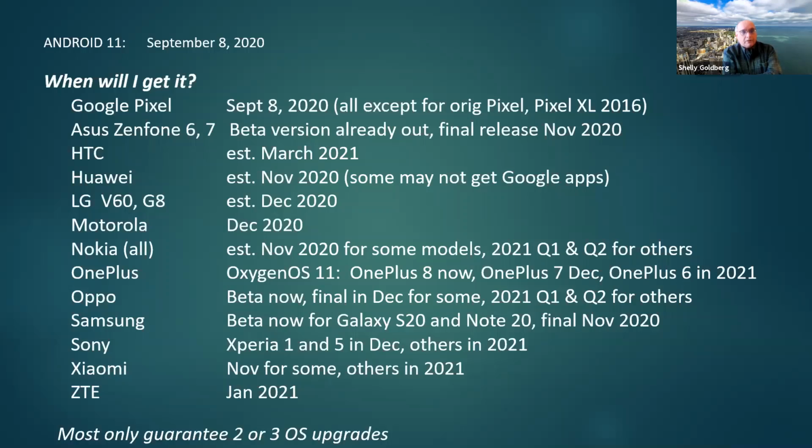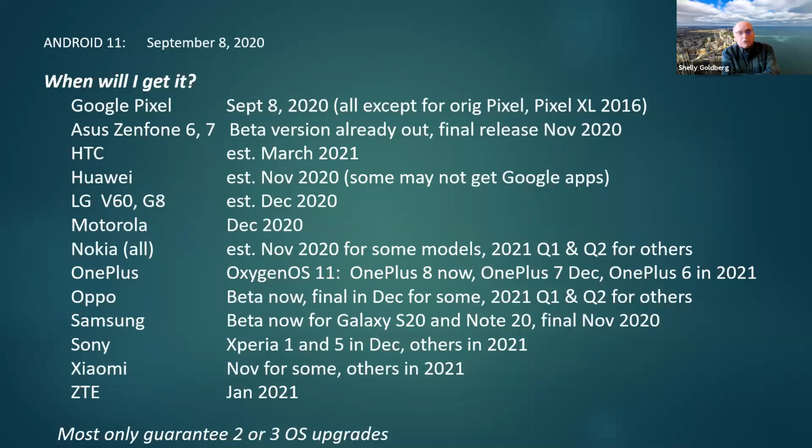Just like the newer iPhones get iOS 14, Google has their Google Pixel phones, and on the first day, all the Google Pixel phones did get Android 11, with the exception of the original Pixel and the Pixel XL from 2016.